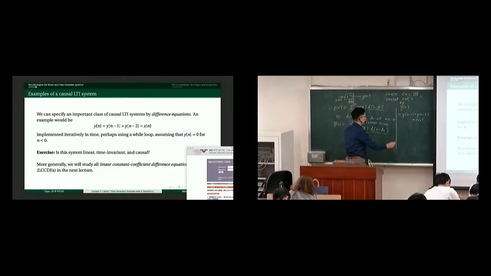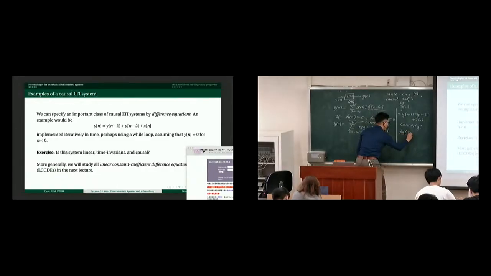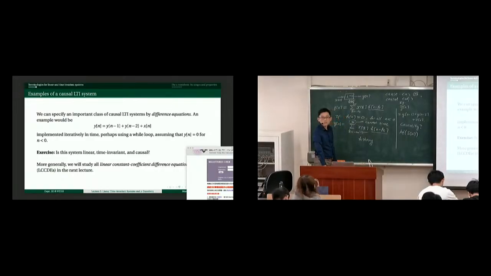So causality means that we need to check something. We need to check h of delta[n], the impulse response, literally. If this equation receives delta as x, then what's the output? Is the output all 0 before time 0? That's what we are going to ask.